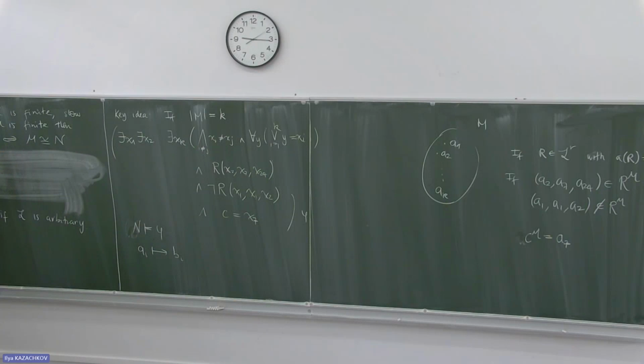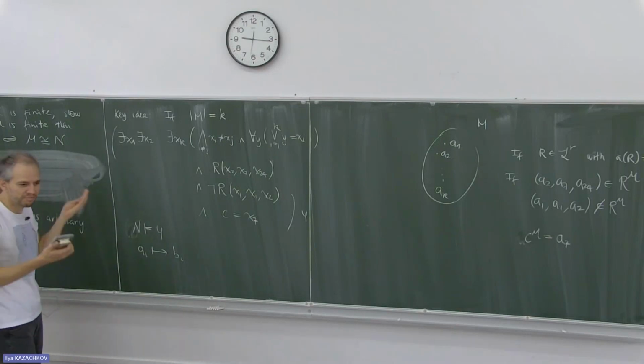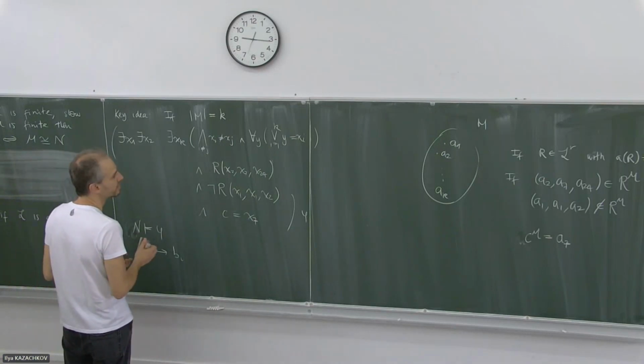M finite still, but L arbitrary, and this one over here still holds. You don't actually need that the language is finite. If you have two structures which are elementarily equivalent, they satisfy all the same sentences, this still holds. You can think of it, it's not going to be too different, but still interesting.